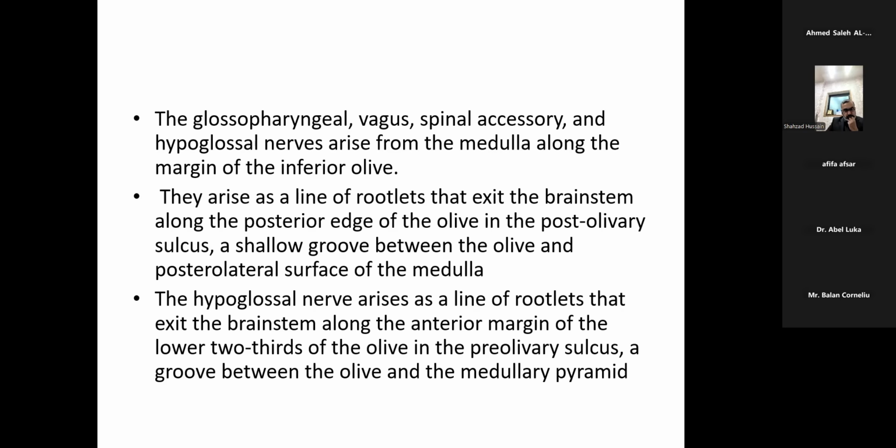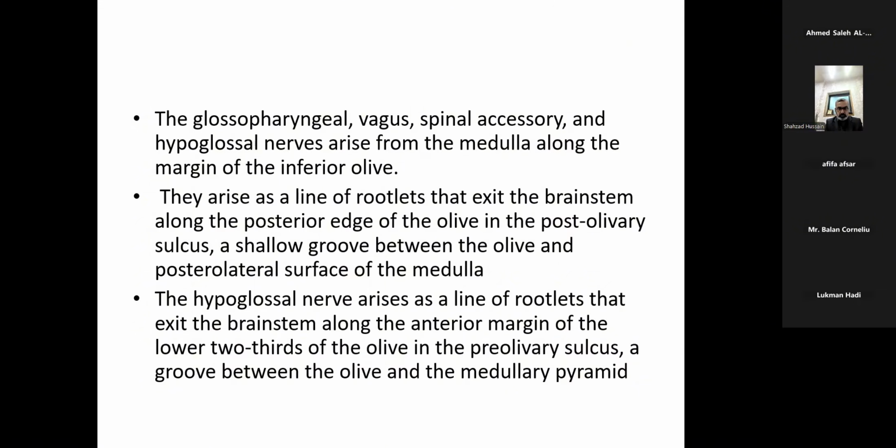So the hypoglossal nerve itself is seen arising as a line of fruitlets that are exiting the brainstem along the anterior margin of the lower 2/3 of the olive in the pre-olivary sulcus, which is a groove between the olives and the medullary pyramid. So the hypoglossal nerve has a relatively anterior orientation as compared to the 9th, 10th, and 11th cranial nerves.